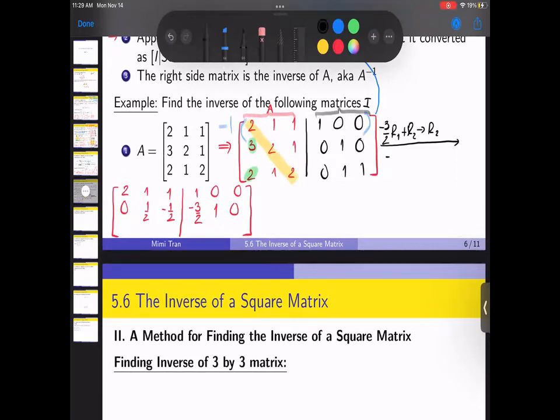Let me write here, -1 R1 added to R3 gives me the new R3. -2 plus 2 is 0. -1 plus 1 is 0. -1 plus 2 is 1. Now I'm going to the right-hand side. -1 plus 0 is -1. -1 times 0 is 0, plus 1 is 1.